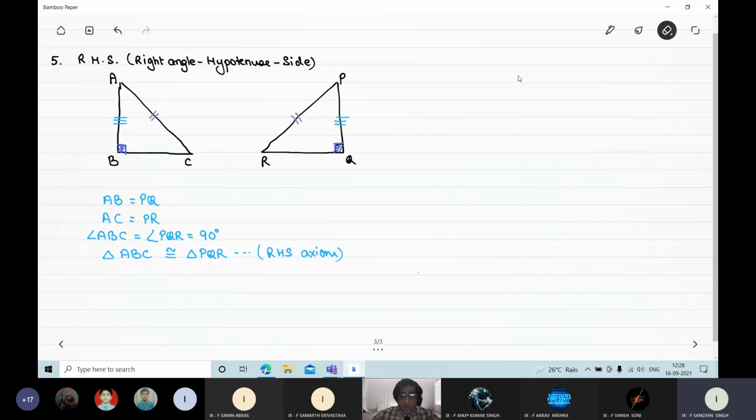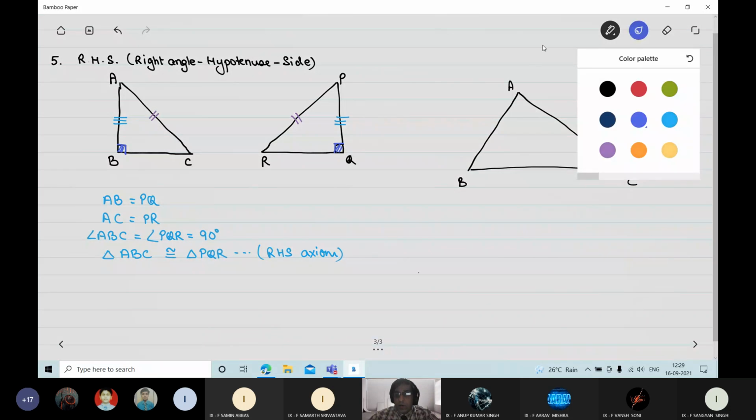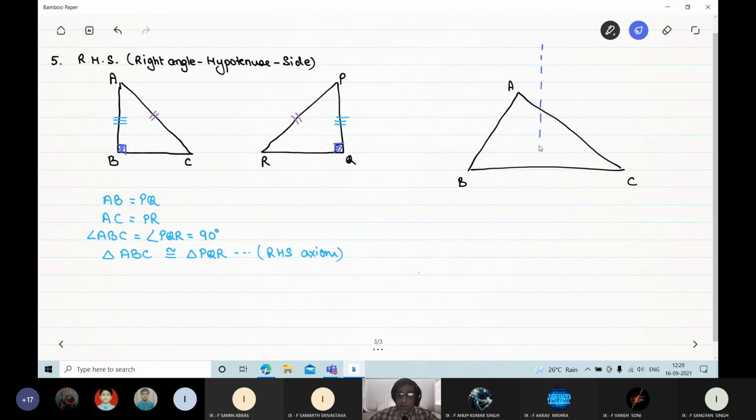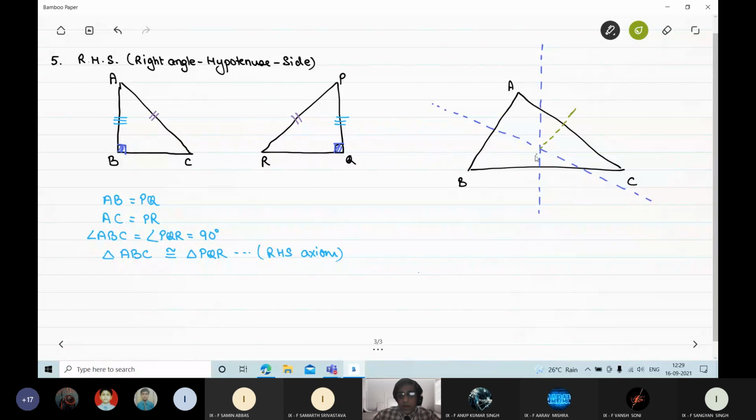Circumcenter would be, okay, suppose you draw a triangle. Let's say this is a triangle ABC. You draw a perpendicular bisector of every side. So if you draw a perpendicular bisector of the side BC, of side AB, and of the side AC.